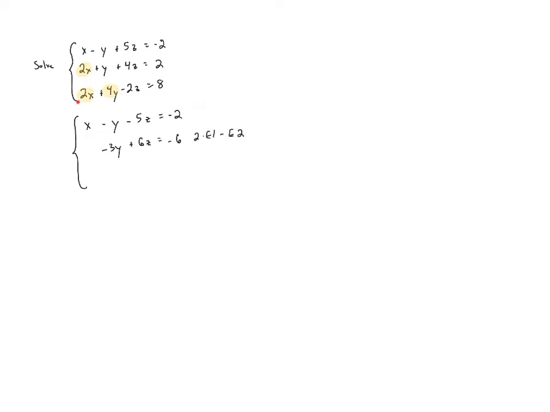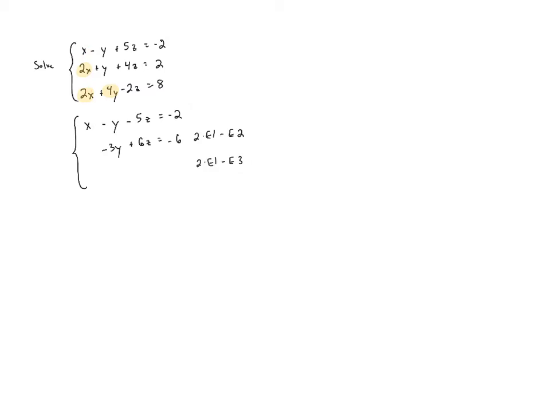And to get rid of the 2x in the third equation, we can take 2 times equation 1 minus equation 3. So we're still taking equation 1 and multiplying it by 2, but this time we're subtracting equation 3. When we do that, the x's cancel.